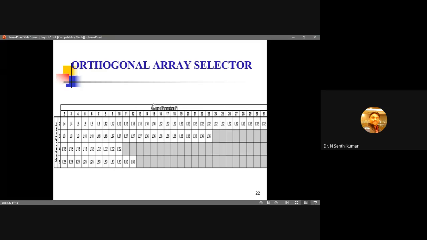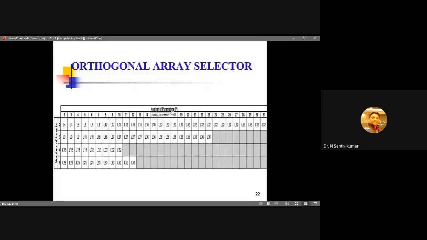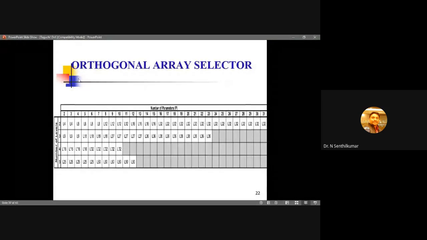So this is the array selector for Taguchi's design. At the top you can see the number of parameters, and at the side, in the column, you can see the number of levels. For two parameters varied to two levels, we see L4, so 4 experimental runs.